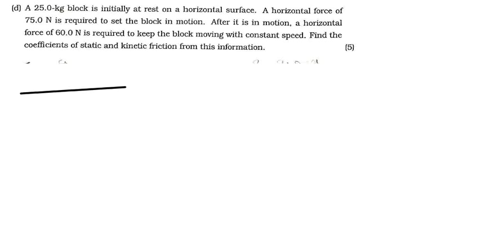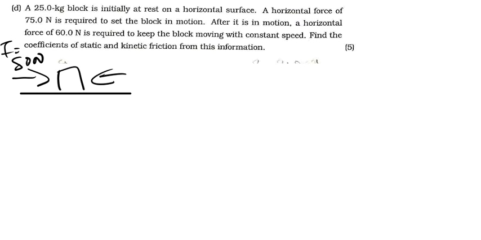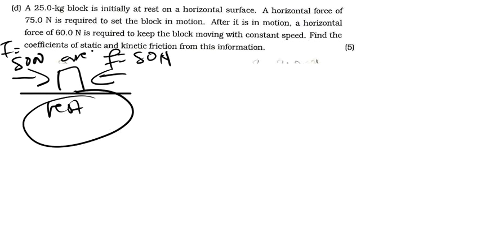Let's say first we have this object that is just at rest. Now what happens? If we have got a force of 50 newtons that is pushing an object, and there is an opposing force of 50 newtons, this object is going to be at rest, so it's not going to be moving. At this point, this friction force is static, static meaning something is not moving.